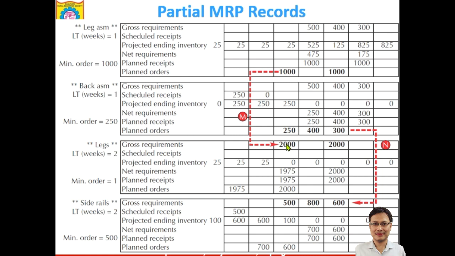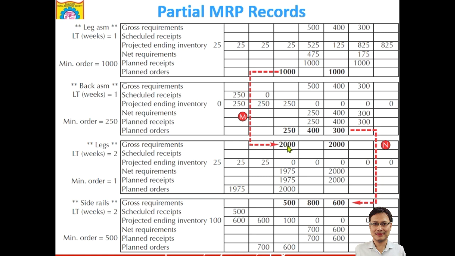And now, how will we plan the MRP schedule of legs? Because the legs take 2 weeks to get manufactured or produced, we need to order them 2 weeks prior. So the gross requirement is 2000.